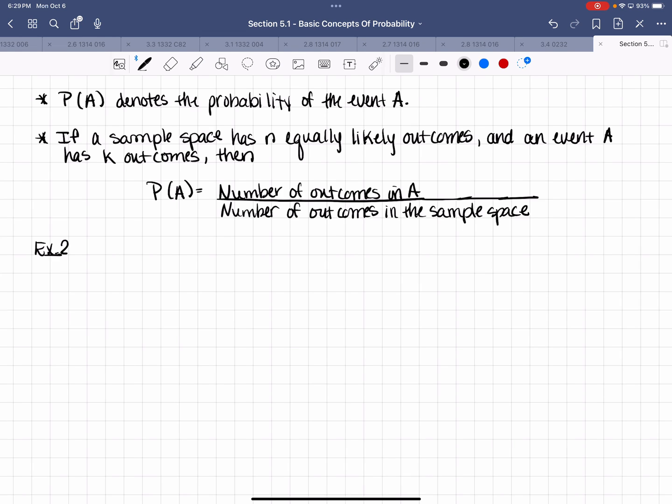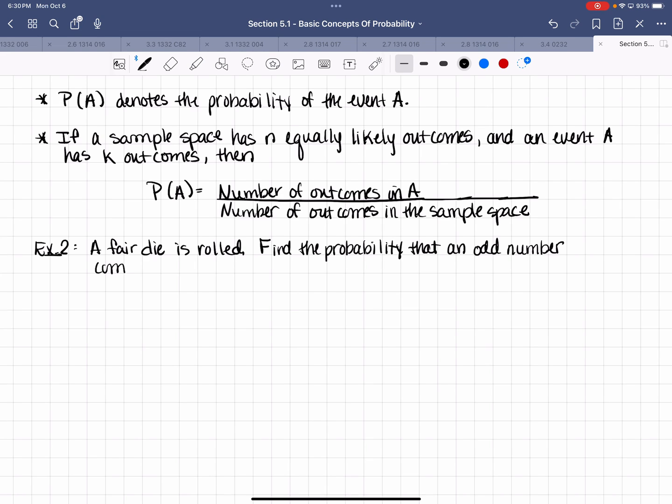Example 2 states a fair die, see, it's fair, nobody's been whittling on it, is rolled. Find the probability that an odd number comes up. Okay?